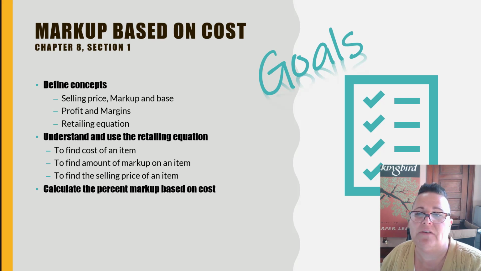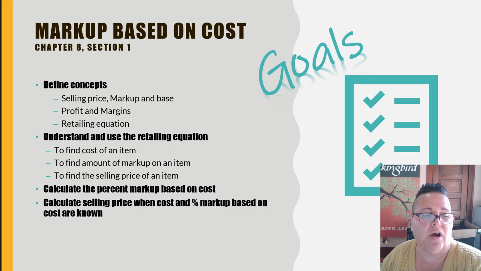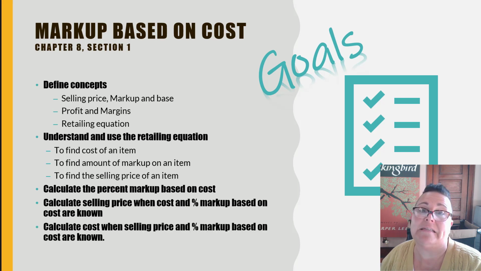We want you to be able to calculate the percent markup based on cost, calculate the selling price when you know the cost and the percent markup based on cost, and to calculate the cost when you know selling price and the percent markup based on cost.